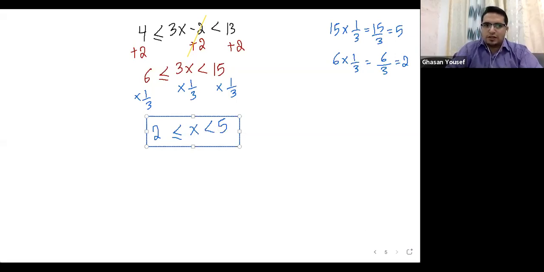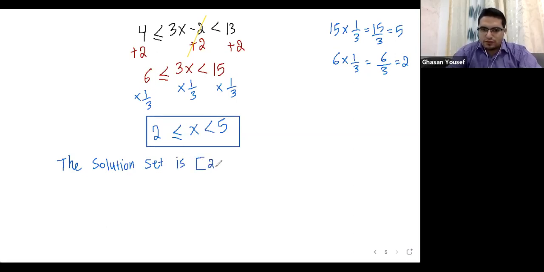The solution is any number between 2, where 2 is included, and 5. The 5 is not a solution for this inequality. So I can say the solution set is the interval [2, 5).